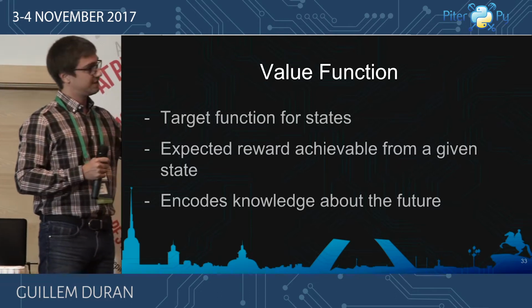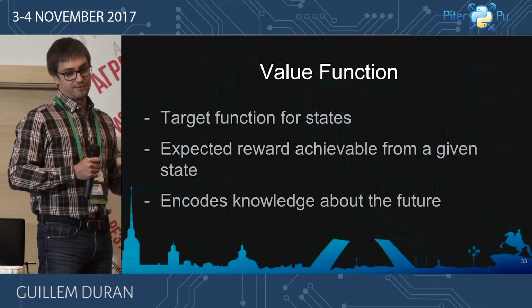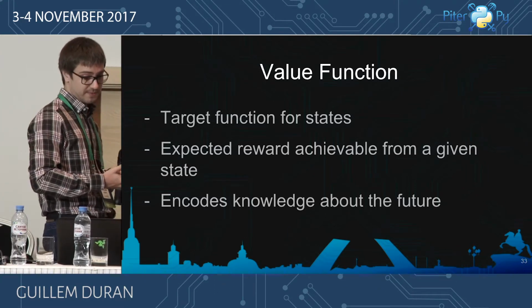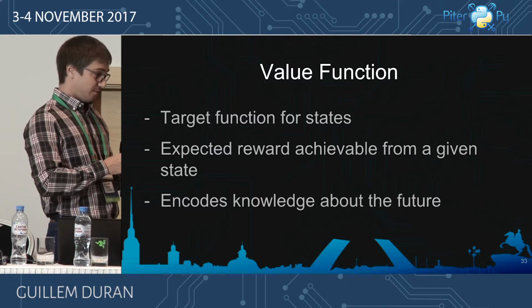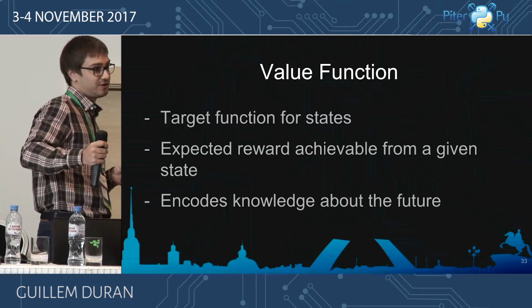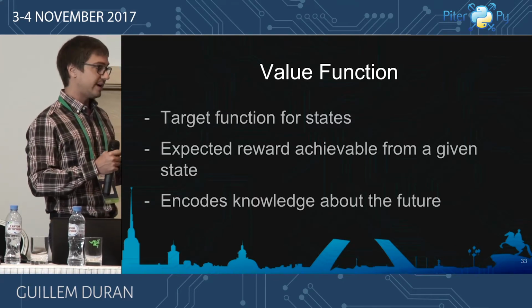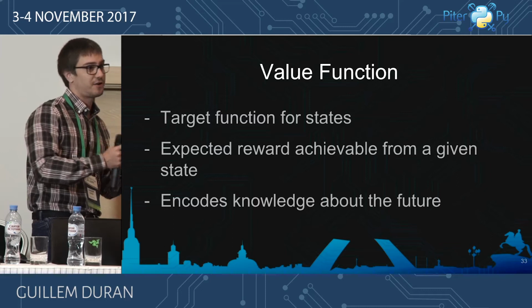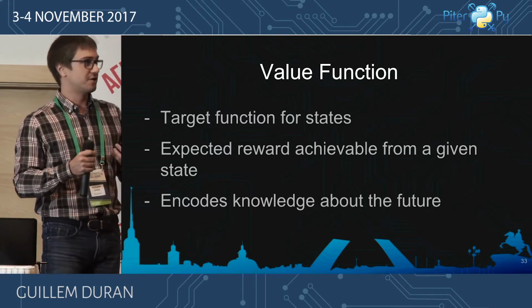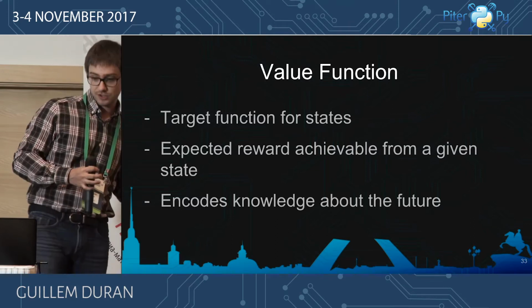So basically, this is building a target function for states and not actions. The problem is that we only have instantaneous reward, and they are assigned to actions, not even states. So we need to find a way to transform this reward mechanism, which is instantaneous, into something that serves our purpose of finding a target function.